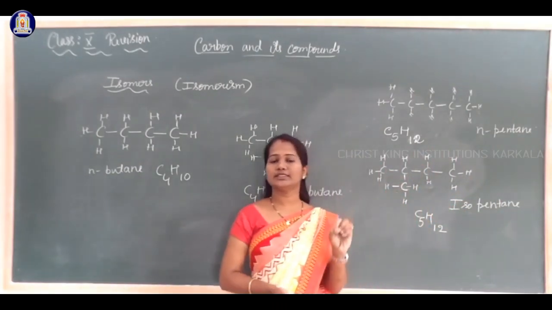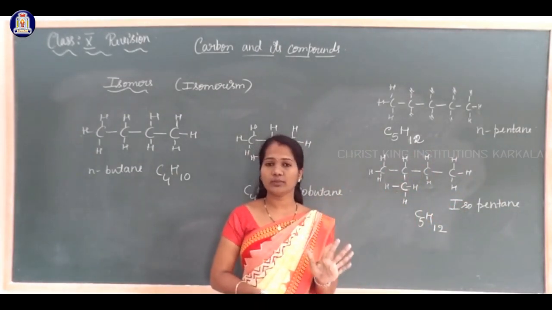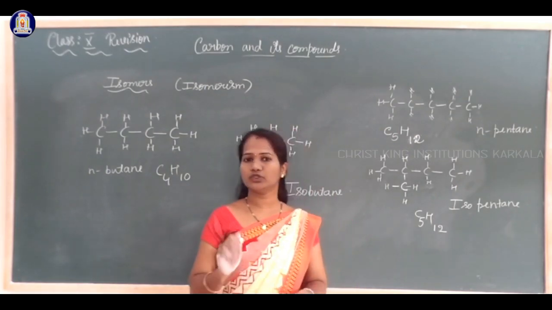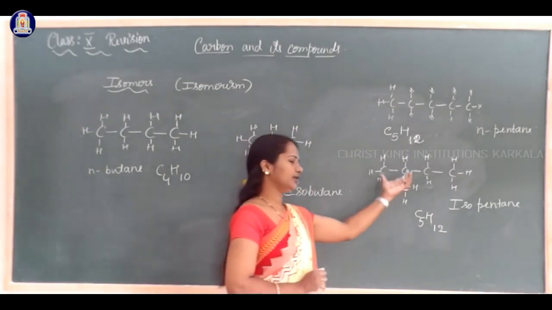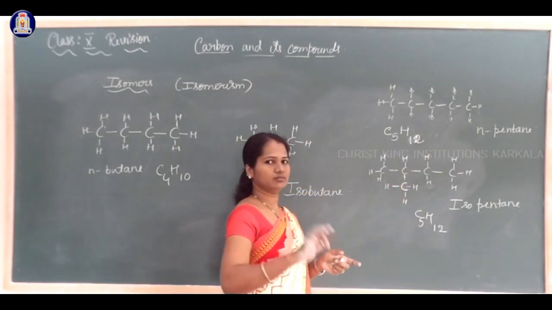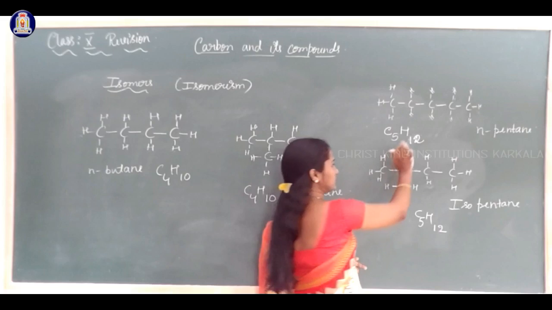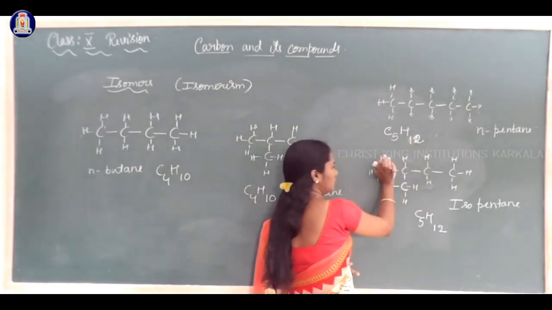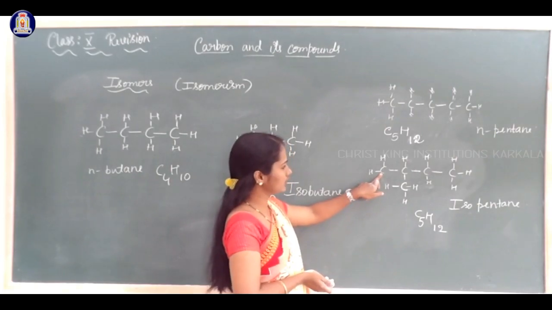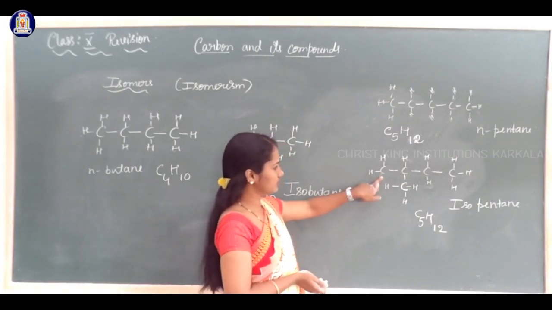Suppose in the exam you get a 1 mark question: give the structural formula or structure of isopentane. You write the isopentane and give the branch, but by mistake you may lose marks. You are not writing 1 hydrogen, you are writing only 3, because of some negligence.